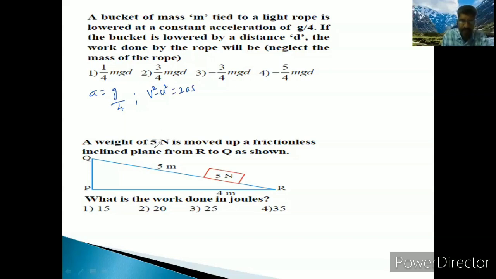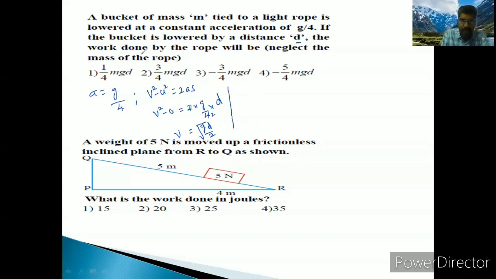We can write v square minus 0 equals 2 times a, which is g by 4, times s, which is d. So 2 cancels, and we get gd by 2. This is the v value we got.